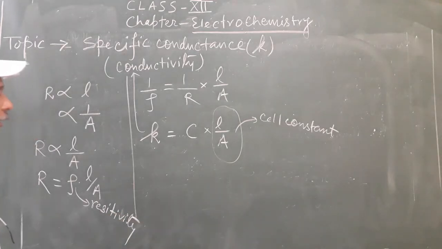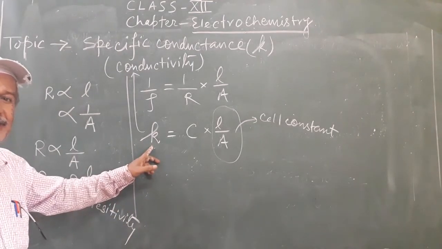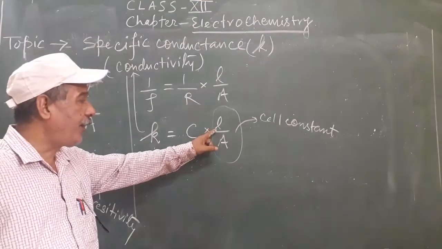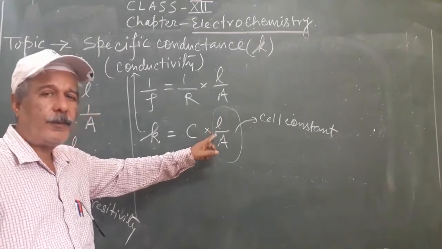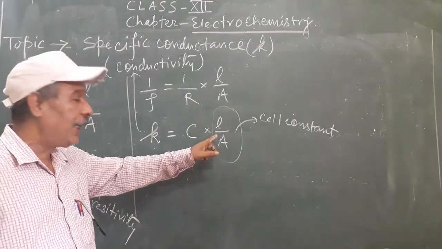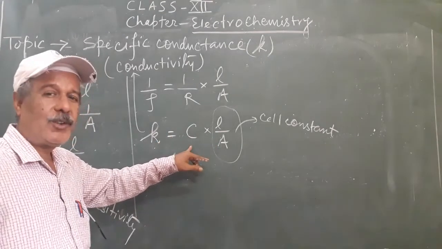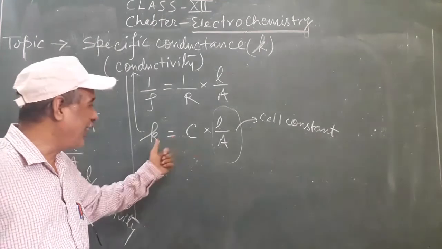So if we want to have a definition of this, then let us see how it can be done. If this one is 1 and this is also 1, this total will be 1. In that case, what will happen? This will become equal to C. So this is the base for defining this one.